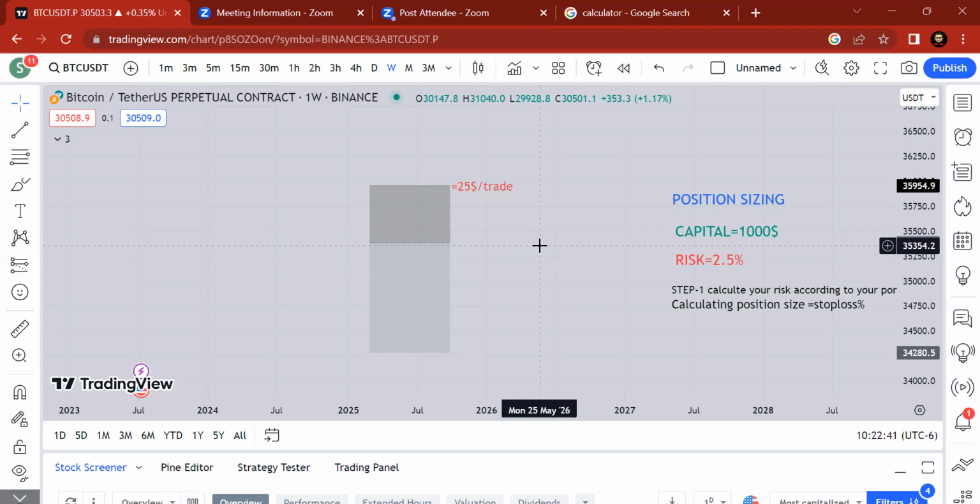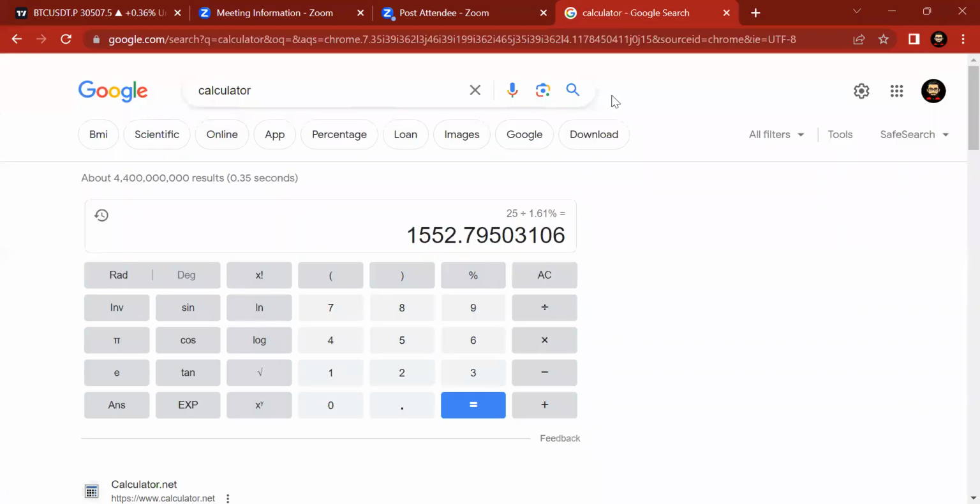So leverage works only for saving your margin. If you want to open many positions at the same time, go with high leverage. If you want to open one or two trades at a time, then go with 20x, 50x, 25x, 10x, whatever. That doesn't affect anything. Leverage only preserves your margin for other trades. Simply, only this position size matters.